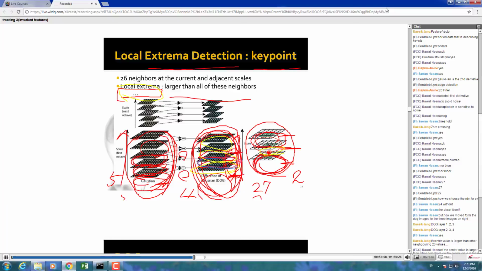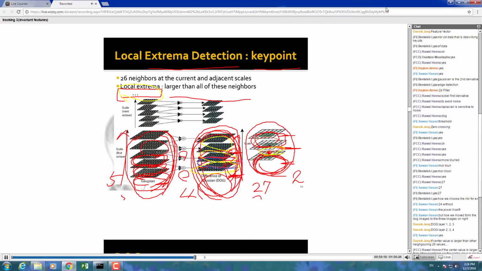In terms of efficiency, there are some newer advanced invariant features, such as SURF or some binary invariant features. They are much faster than SIFT.